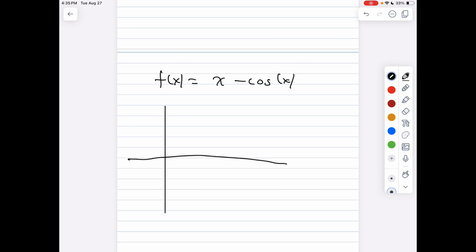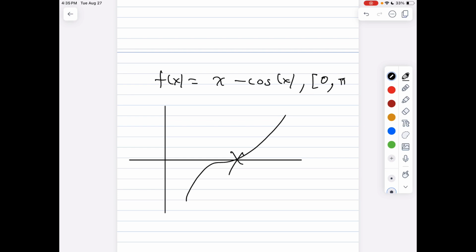So I've got to show that my function basically crosses the x-axis somewhere. That's what we mean by 0. Well, what I'm going to do is as follows. I'm going to pick an interval where at one endpoint your function is positive or negative, and then vice versa on the other endpoint. So for example, if you choose 0 and pi, let's say.